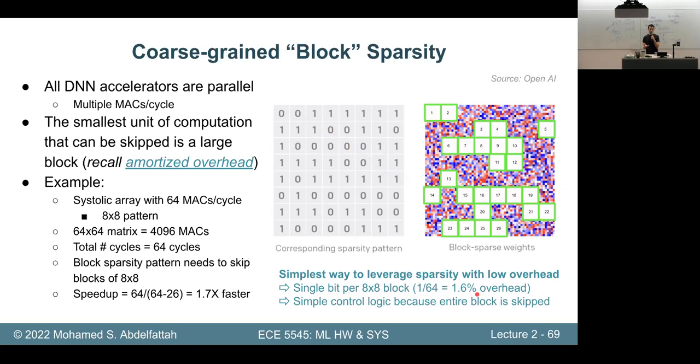It's very small, right? That's a 1.6% memory overhead in what I need to store with this tensor to identify where the zeros are. And then I would have very simple control logic, which takes the single bit and decides to either skip the operation and output an all zeros result, or actually do the computation because I don't have zeros.